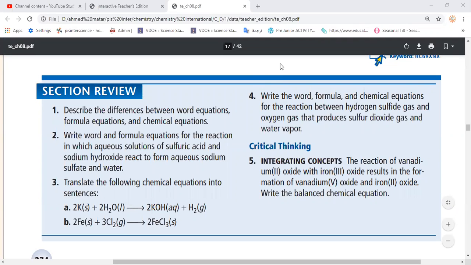Could you answer this question, please? What is the difference between chemical equation, formula equation, and the word equation?